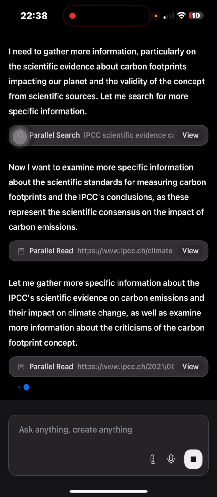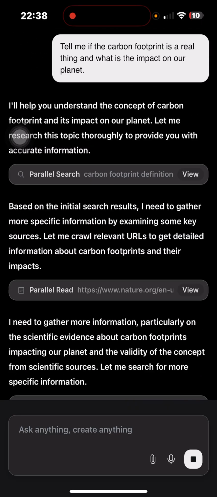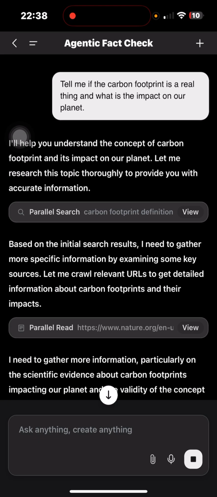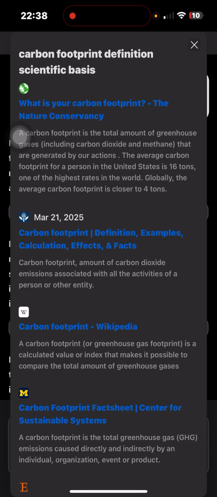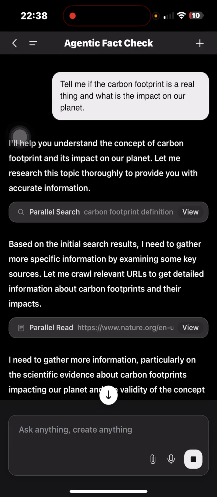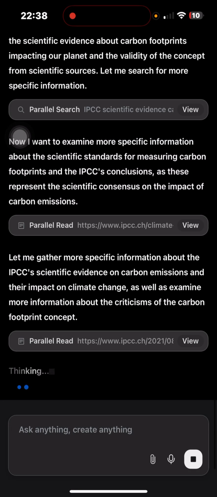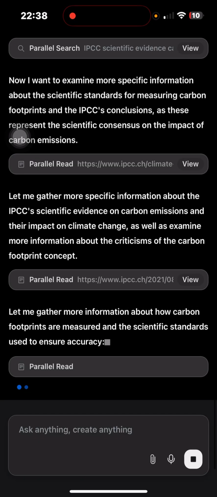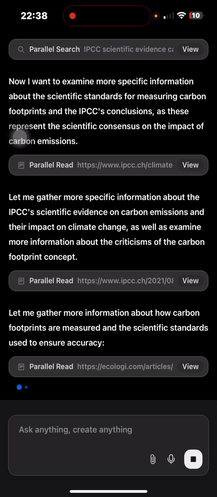It will take time, of course. Meanwhile, if we want to view, we can just see what is your carbon footprint, and all those things happening. Again, gathering more data, how carbon footprints are measured.